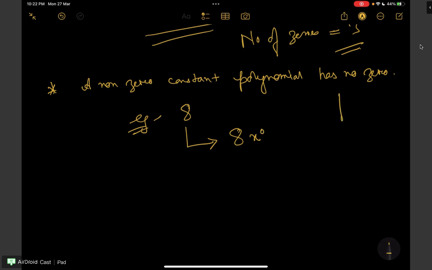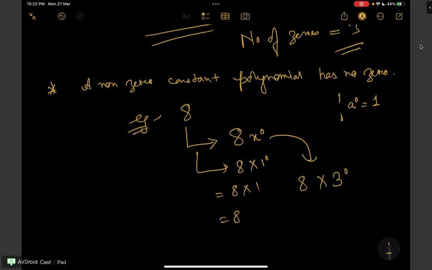Now we know from the laws of exponents that anything to the power 0 is 1. Now in place of x, if I put 1, 8 into 1 to the power 0, that means 8 into 1, it is 8. Now in place of x, if we put 3, 8 into 3 to the power 0 is 8 into 1, which is 8.